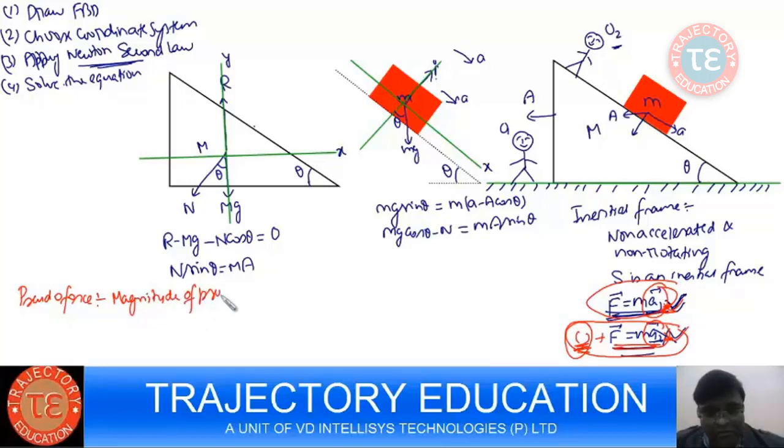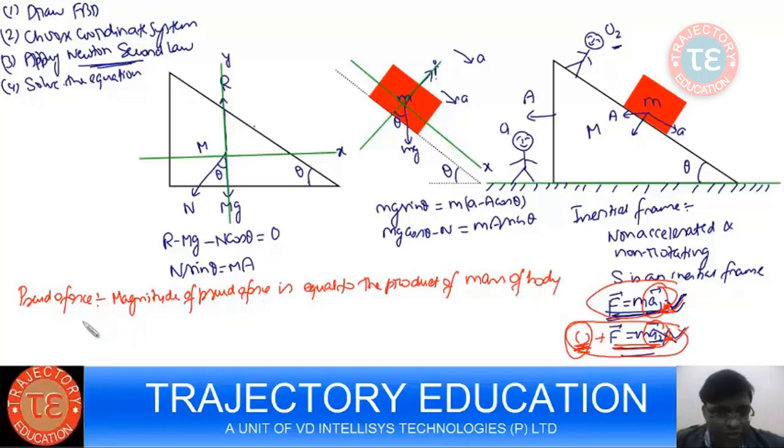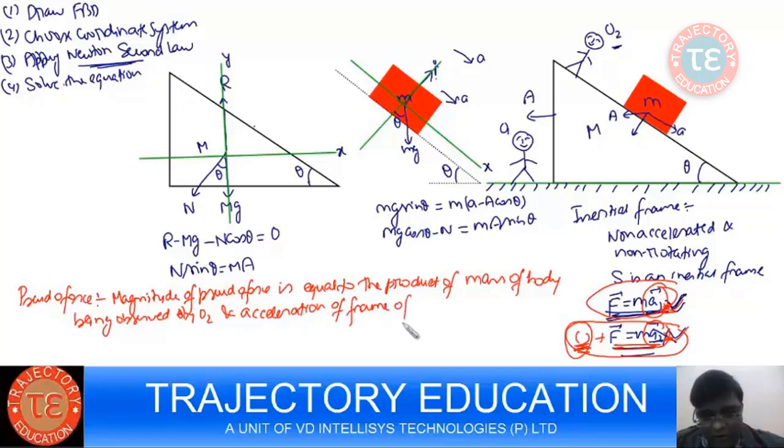And the magnitude of pseudo force is equal to the product of the mass of the body being observed by O2 and the acceleration of the frame of the non-S observer.